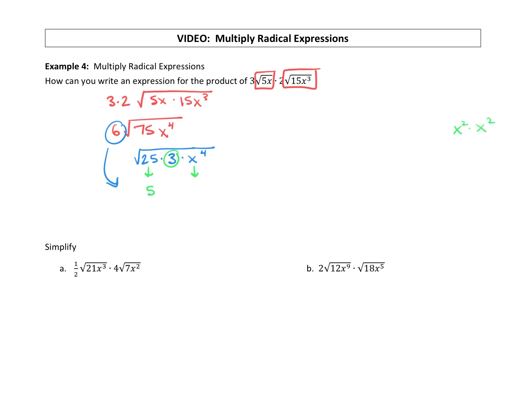Because there's 2 of them, when you square root those, you will have an x to the second power. The 6 comes down. These get multiplied together. 6 times 5 times x squared is 30 x squared times the square root of whatever was left underneath. We had that 3. And there is our final answer.